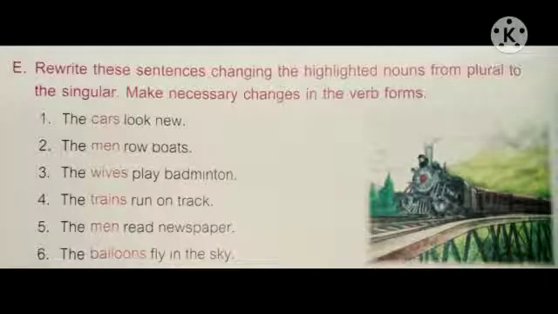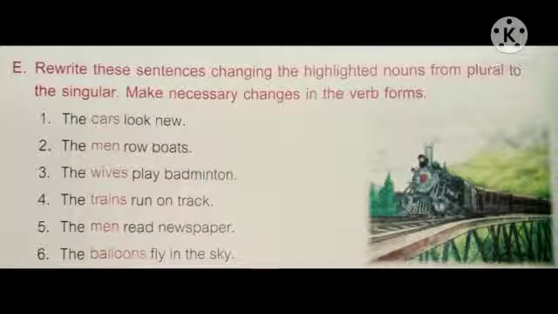E. Rewrite these sentences changing the highlighted nouns from plural to singular. Make necessary changes in the verb forms. Change the highlighted words into singular and add s to the verb. Okay. The first one is, the cars look new.